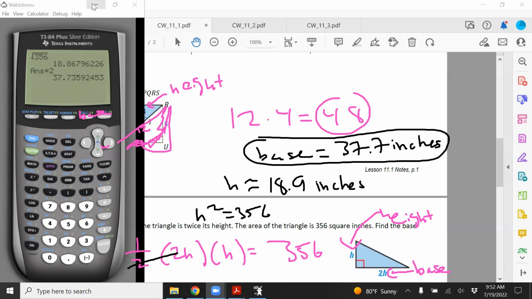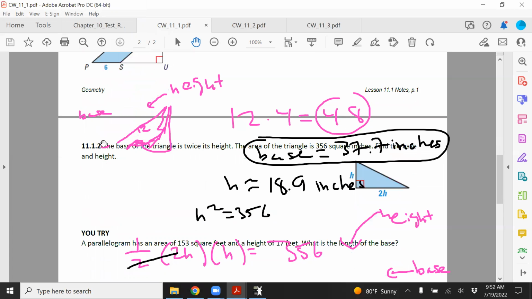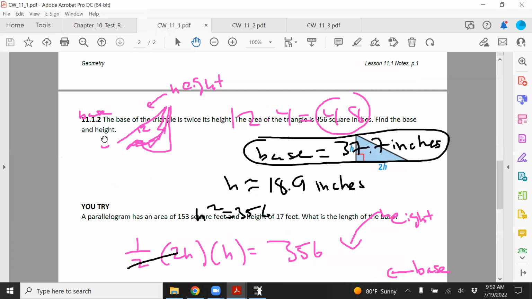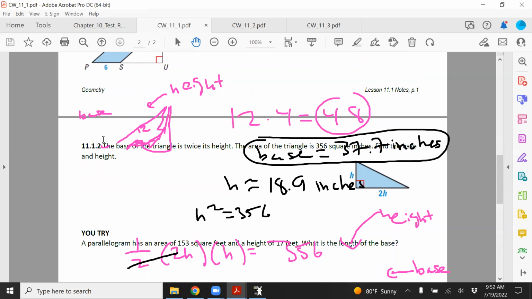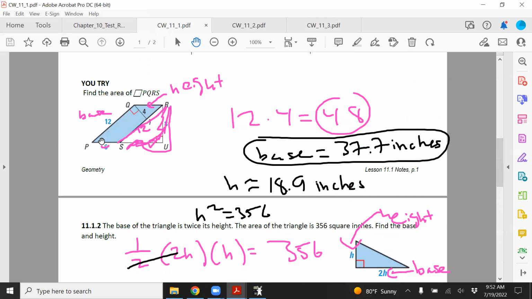And you guys are going to practice just a little bit, because you need to start moving around and I've got to stop talking. Okay, so we're working on 11.1.2. Sure, no problem. There we go.